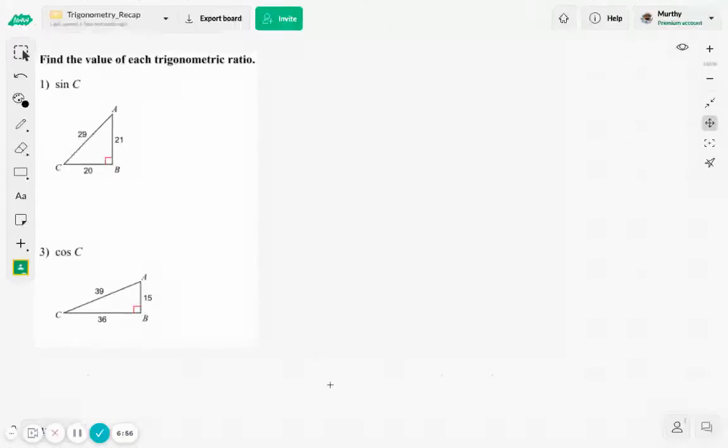Next, right. So find the value of each trigonometric ratio. I always prefer to write my SOHCAHTOA every time, which is SOH CAH TOA. Again, I strongly recommend you to write SOHCAHTOA with the spelling correct.